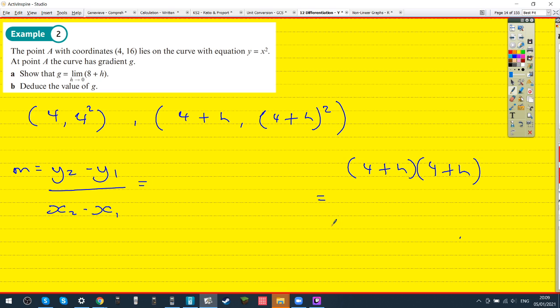So it'd be 16 plus 8h plus h squared. And then could you multiply it by 4 plus h, or would that not work? That would be cubed. We only need squared. And so sub them in.